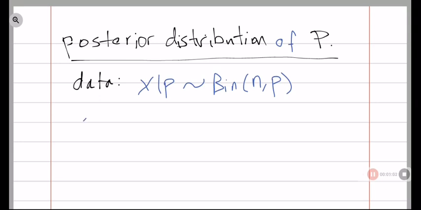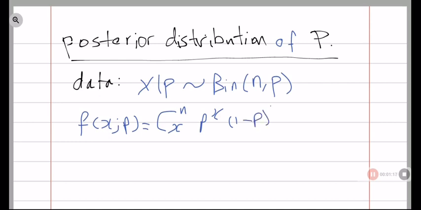So we can write f of x, P is combination x out of n, P to the power x, 1 minus P to the power n minus x. And we know that x takes values 0, 1 up to n.